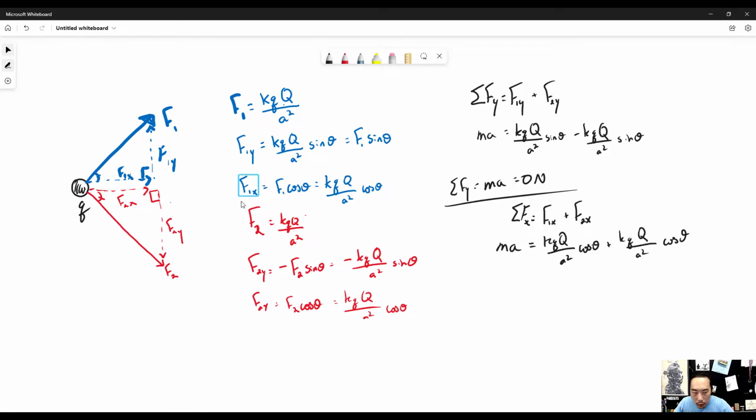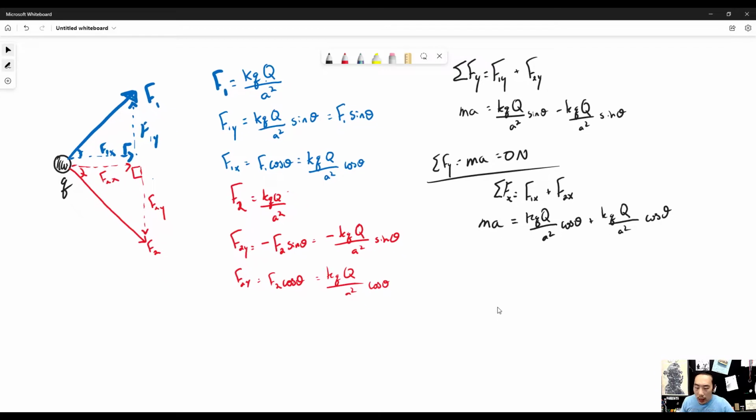Don't worry. Remember, we're only looking at the x-axis, and both of those x components are pointing to the right. And so we're ending up with the net force in the x-axis, which is equal to ma, is equal to 2kqQ over a squared cosine of theta. Okay, and the reason why we are multiplying that by 2 is because we have two of the same sides of the equations right there. So it just doubles up. All right, and that will be my final answer.